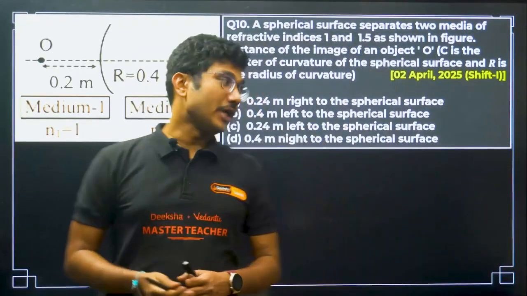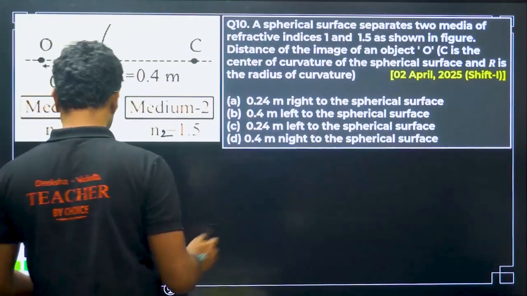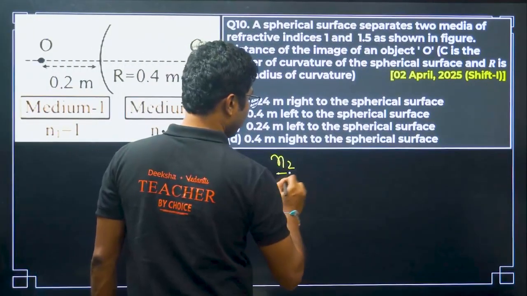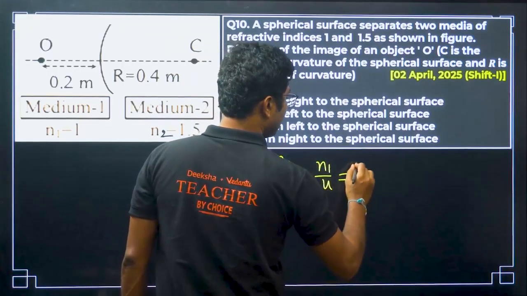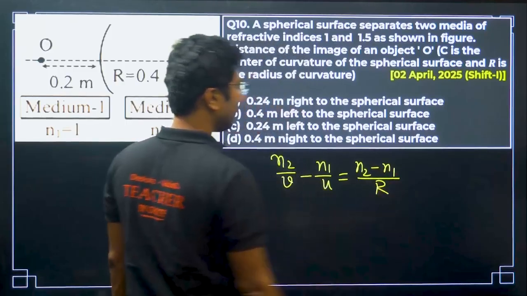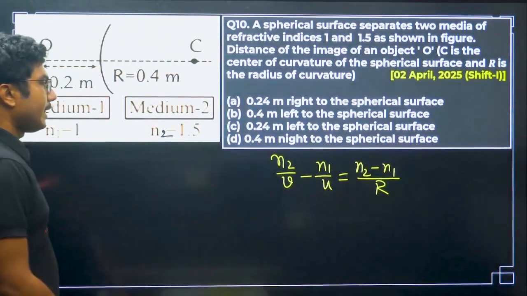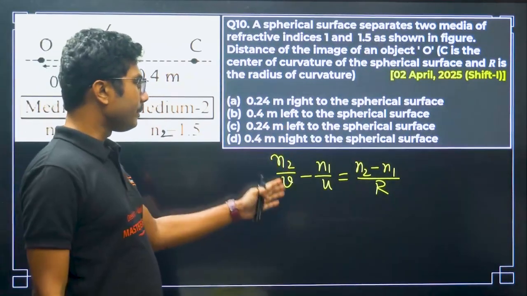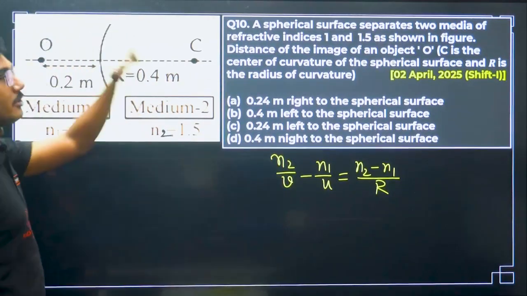First we have to use the relation for a curved surface, which is N2 by V minus N1 by U equals (N2 minus N1) by R, including the sign convention. The sign convention has to be applied over here. Based on the sign of V, we can say whether the image is formed on the left hand side or on the right hand side.